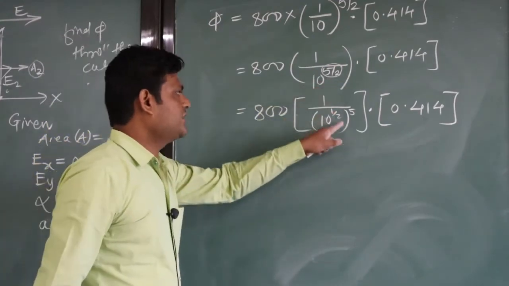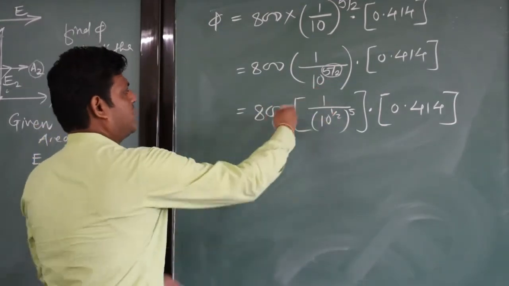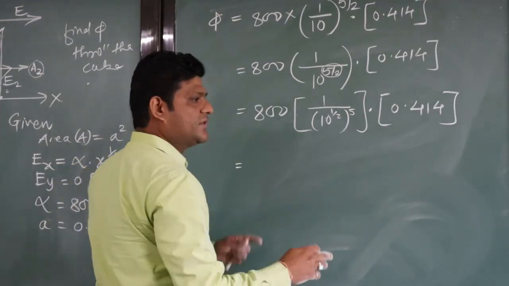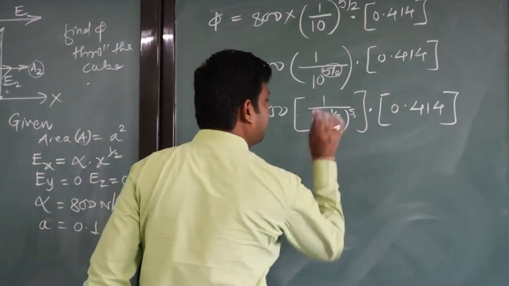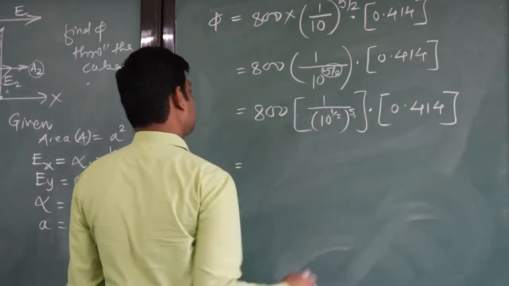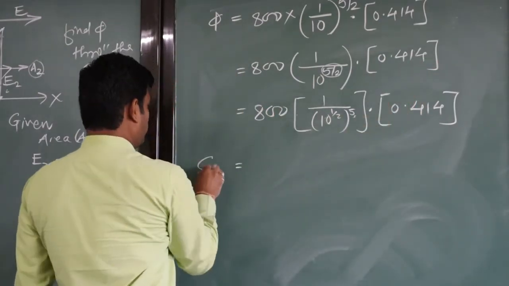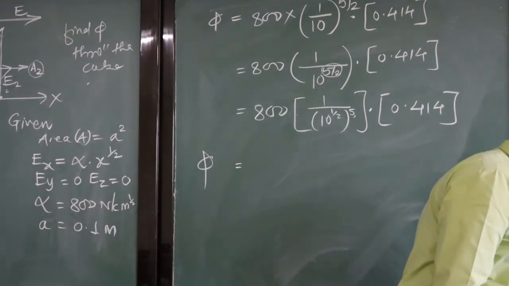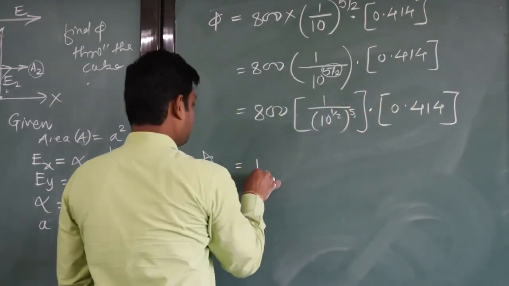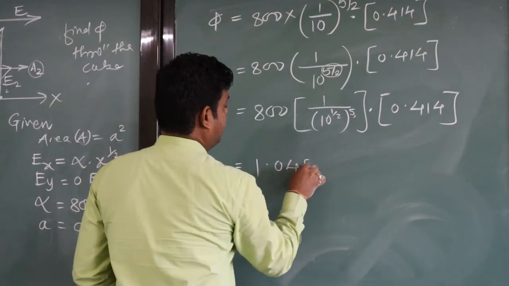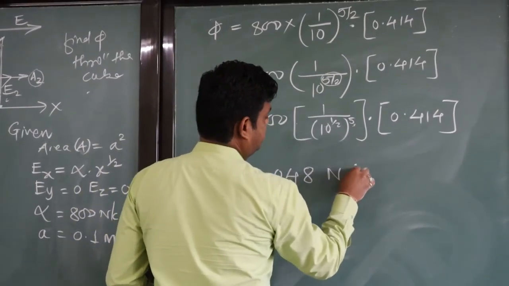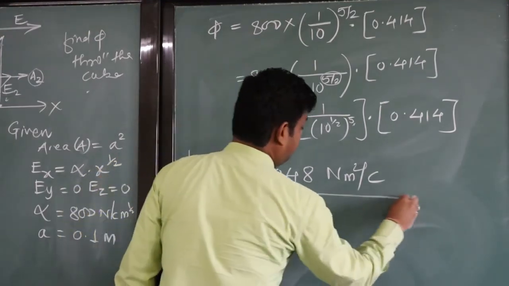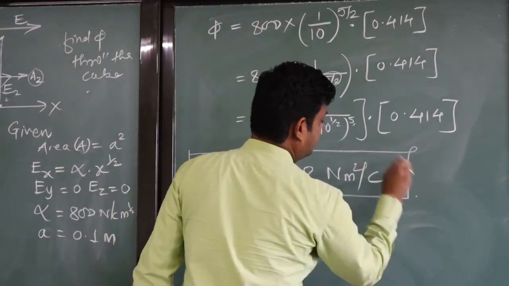This is the simplification, nothing else. Now, you can solve this. Take the root of 10 and multiply it by 5 times. So, total flux will be, that is, answer is 1.048. This is your answer, 1.048 Newton meter square per Coulomb, or Weber is the SI unit of flux. So, this is your answer.